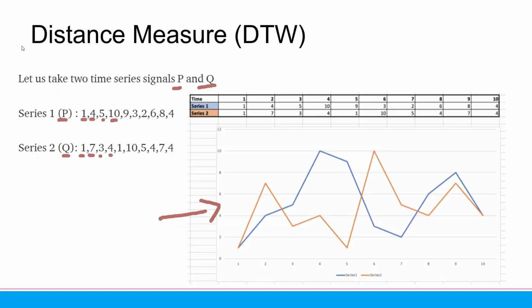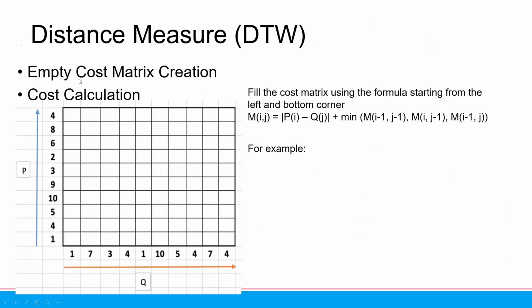Now we want to check the distance between these two time series. First, we will make the empty cost matrix. This is the empty cost matrix. We have Q and we have P. P's values are 1, 4, 5, 10, 9, 3, 2, 6, 8, and 4.